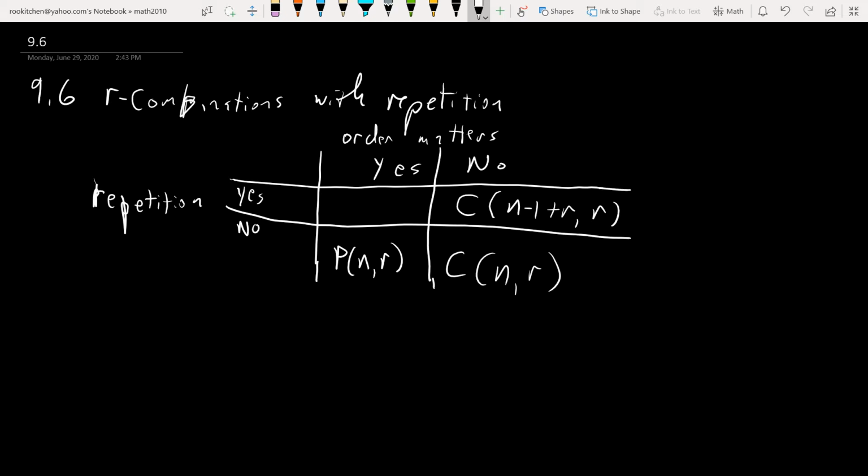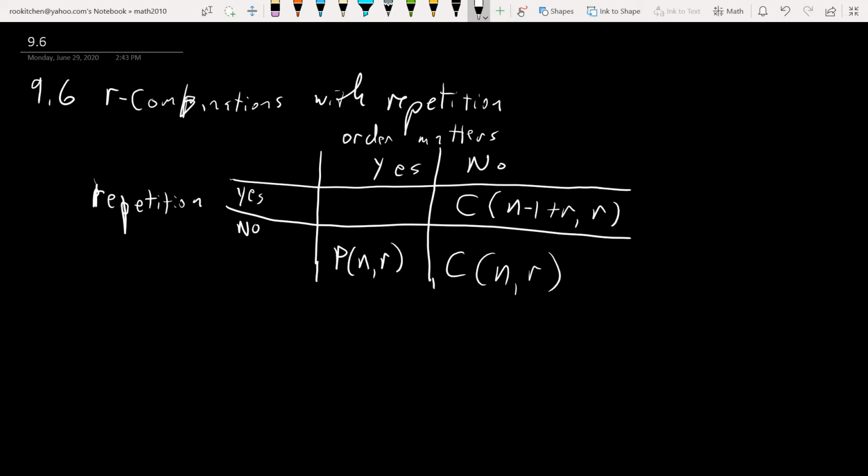Okay, if order matters and you're allowed to do repetition, we see that a little bit with problems like millimeter. How many ways can you reorder the letters of the word millimeter? That would be order matters and repetition, kind of, but there's a restriction on the repetition.